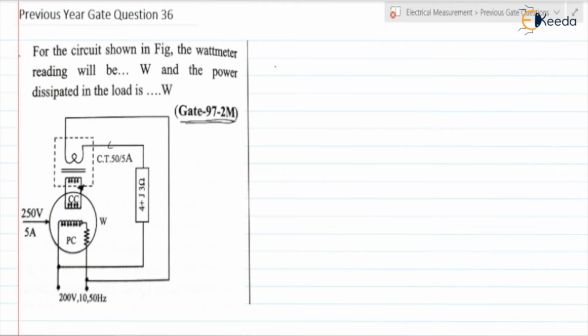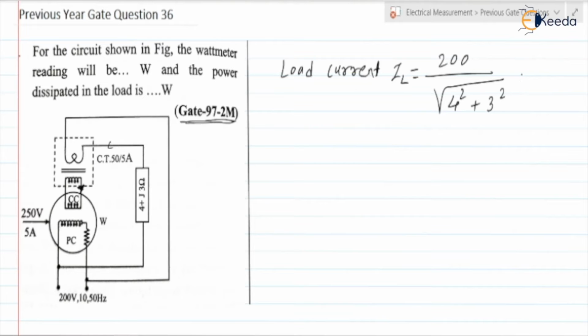So IL is equal to 200 divided by under root 4 square plus 3 square. So if you check, it will be equal to 40 ampere.